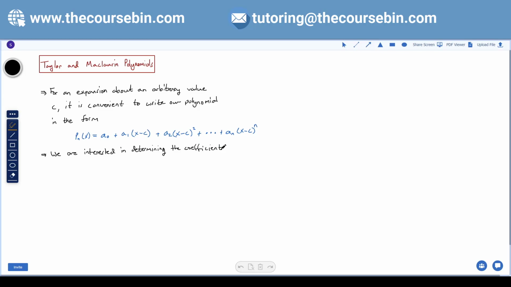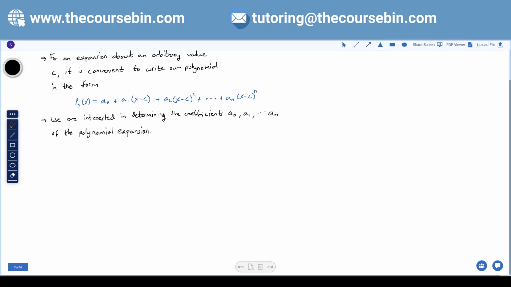Our coefficients are a naught, a1, dot, dot, dot, to an of the polynomial. Because if we have the right coefficients, then the approximation is better, right? So it turns out that our coefficients are the following.